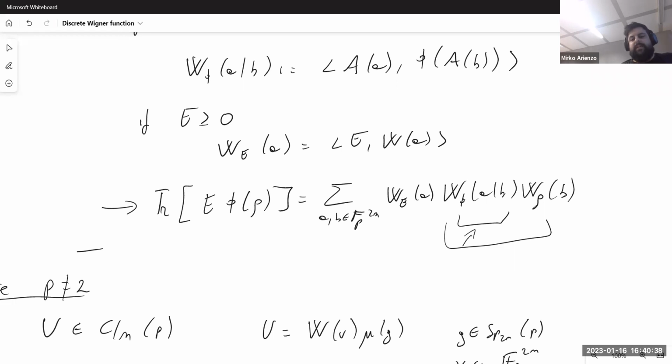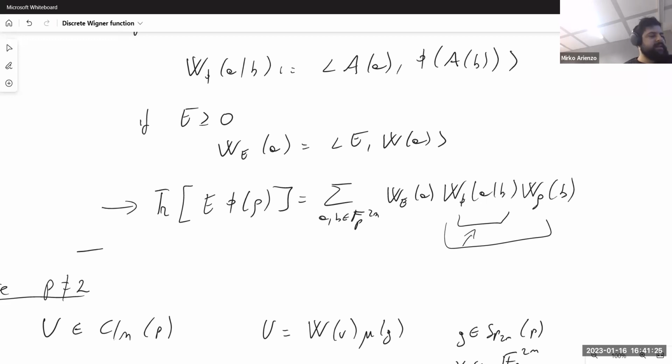While here, if you have some noise, given that your description is non-negative, you can still do this kind of simulation. And when you don't have this condition, so something here can be negative, then your sample complexity grows a lot, and what controls your sample complexity there will be the negativity of the Wigner function.